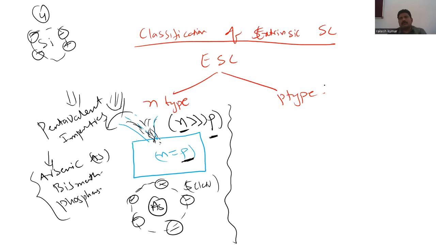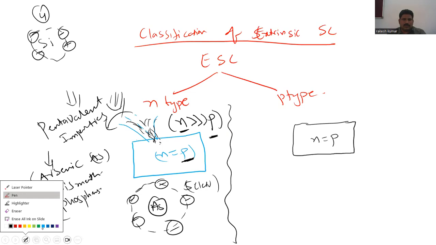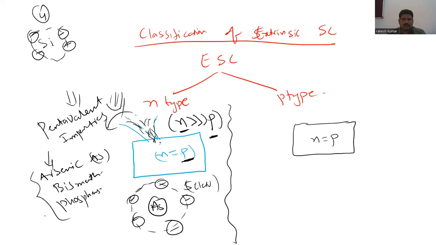Now let us come to the p-type extrinsic semiconductor. Initially, let us take a pure semiconductor. What is the condition for the pure semiconductor? The number of electrons is equal to the number of holes. In this pure semiconductor, if you add some impurities, which type of impurities?